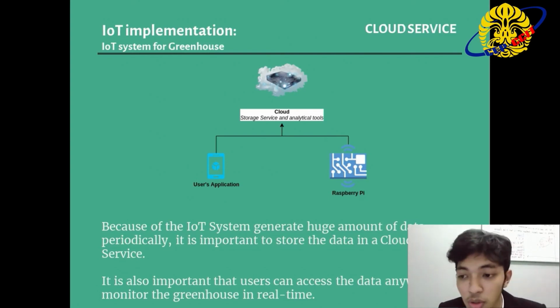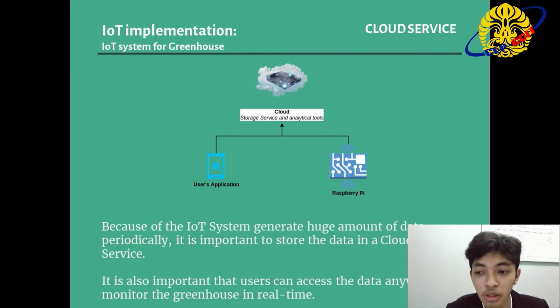Why? Because cloud service is flexible about the space that we need, depending on what we need. For example, we can pay a cloud service for a specific amount of data depending on our needs.